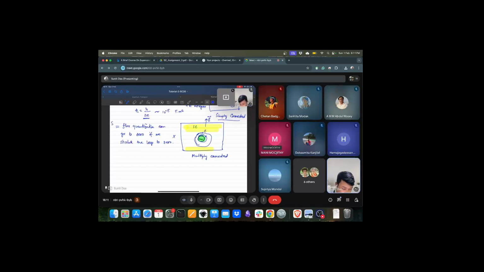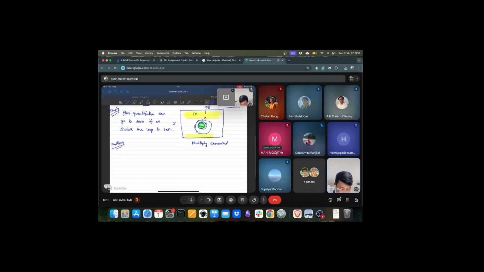So this was for simply connected. So the flux quantization holds when the contour, sorry, contour.